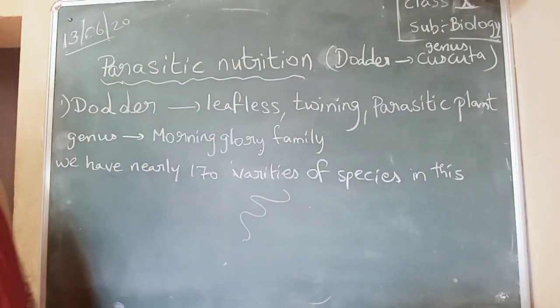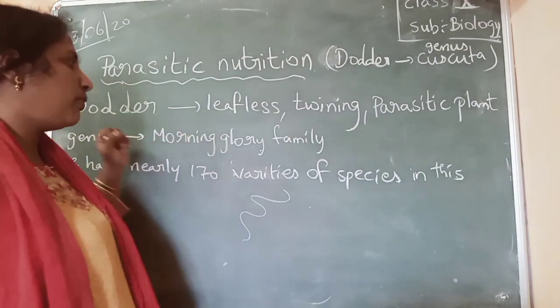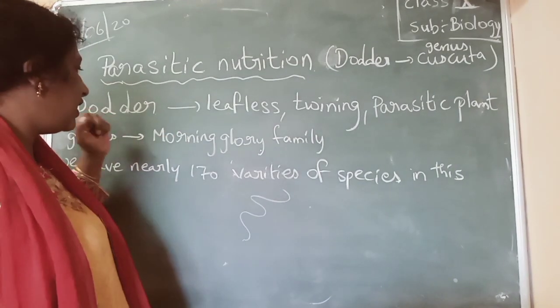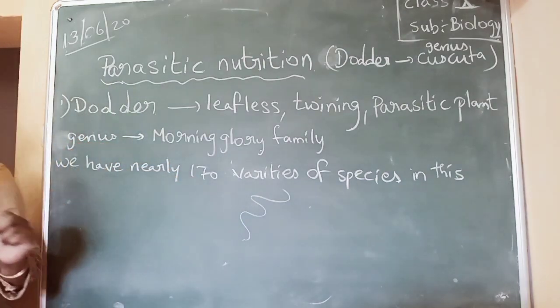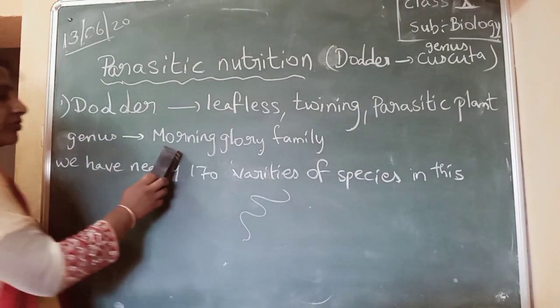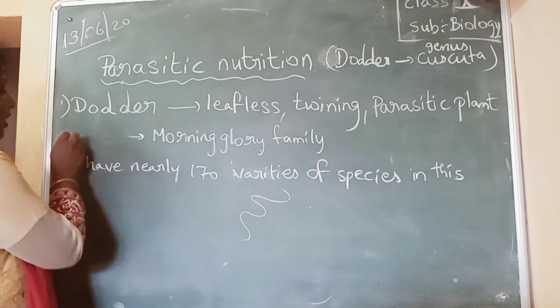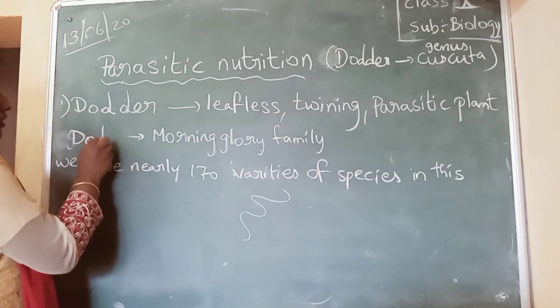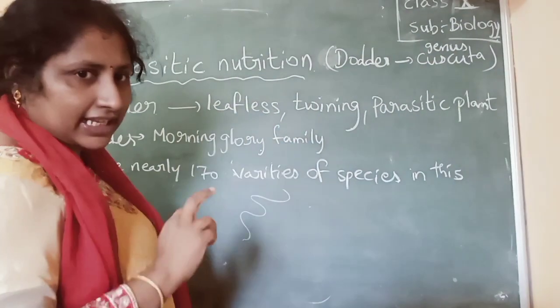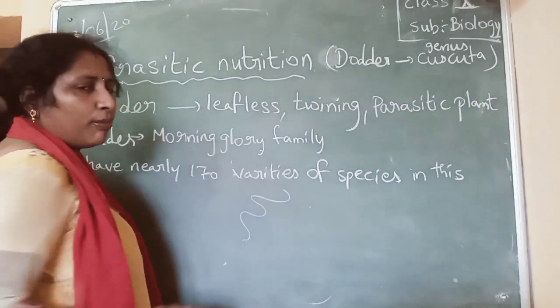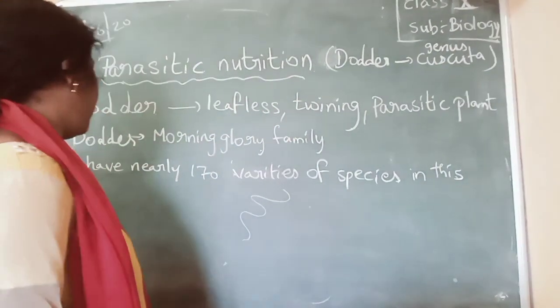Which family does it belong to? The dodder plant belongs to the morning glory family. It belongs to the genus Cuscuta and the family is the morning glory family.